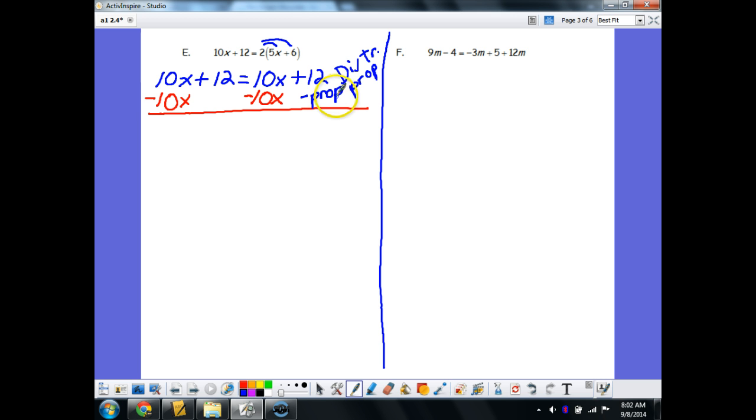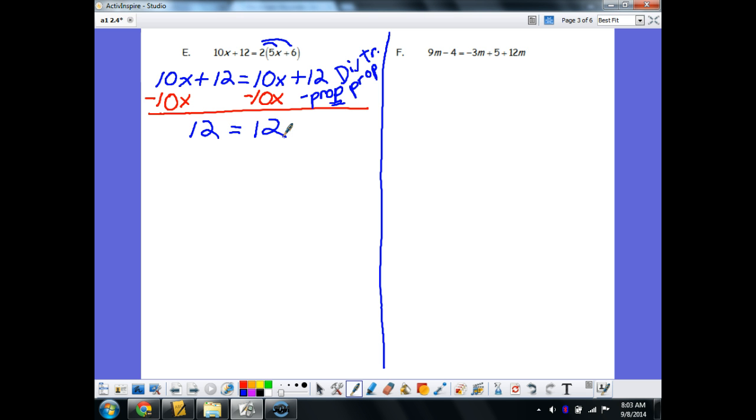Now 10x minus 10x cancels out, and the 10x minus 10x cancels out on the right side as well. That's why we subtracted it. The variable completely cancels out, so the equation we are left with is 12 equals 12.